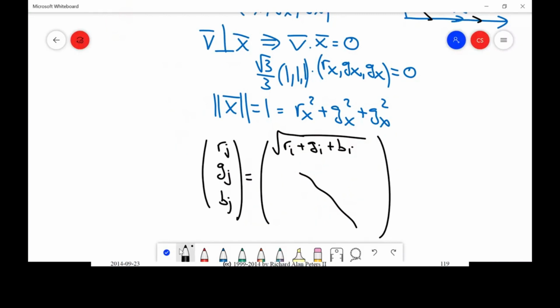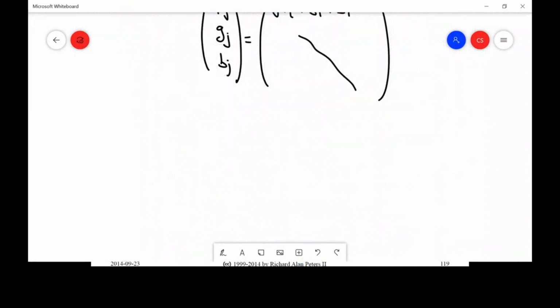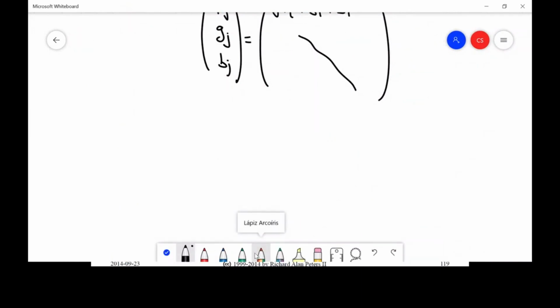Okay, so let's think of a pairing. Instead of A inverse, I will use A. That is much more convenient, but it doesn't matter. So this is the old color, RJ1, this is green, G J1, and this is blue, B J1.